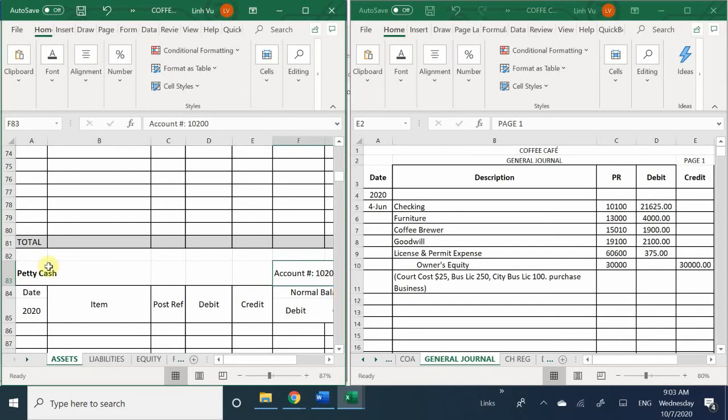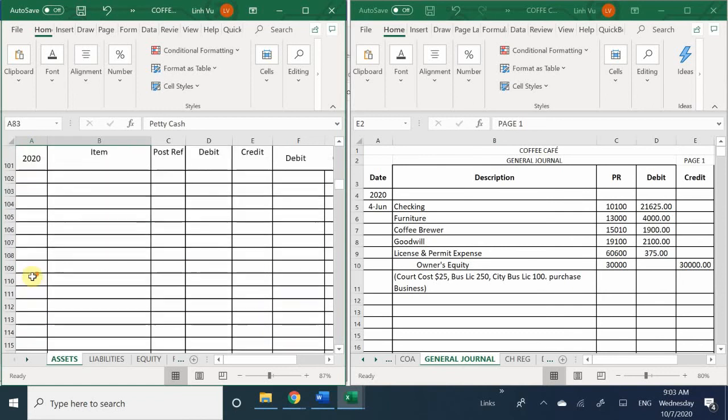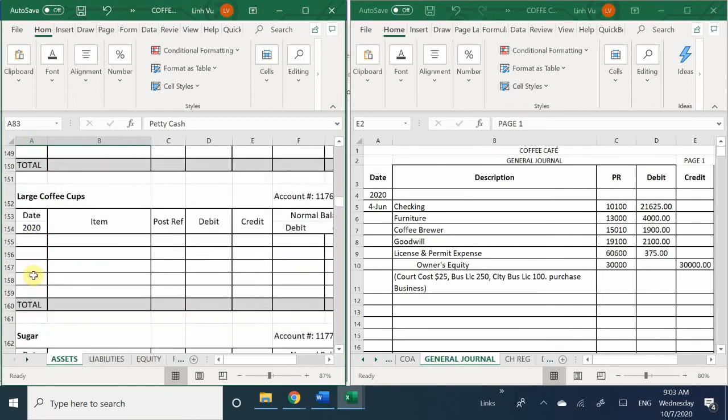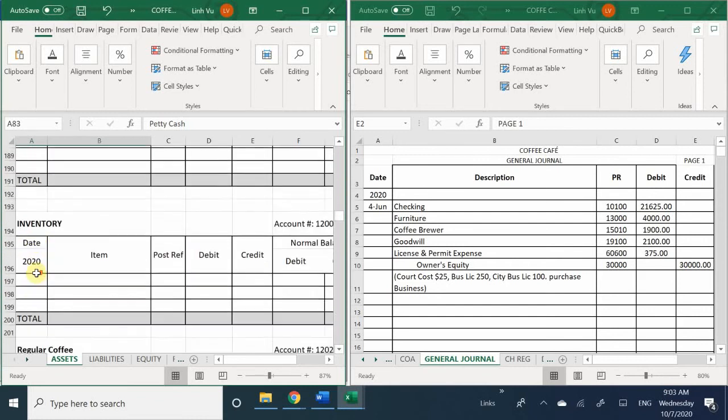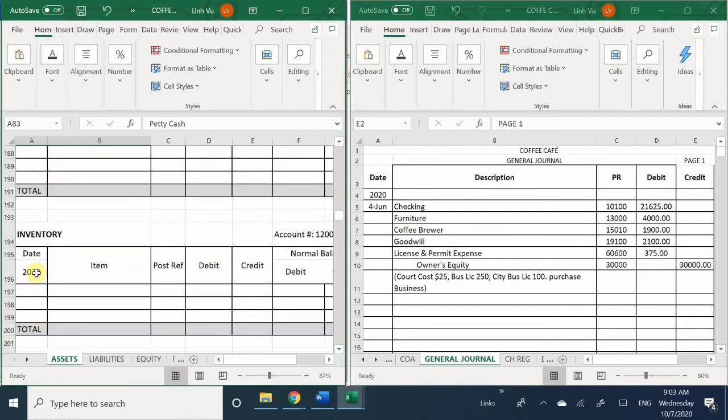If you know how to use the search tool in Excel, you can press Control F, select the column that you want, and type in what you are looking for. You can do that if it's faster for you. But in this case, I enjoy looking up each and every individual account just by scrolling down.